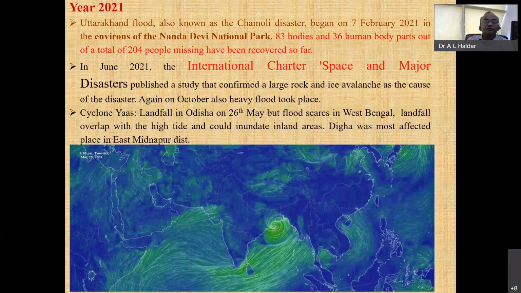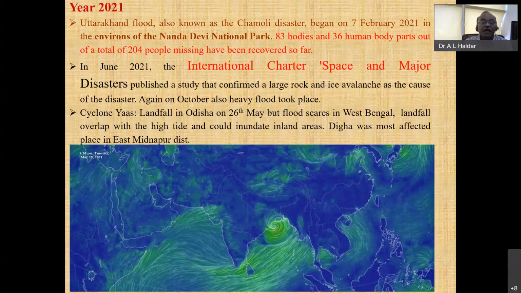During 2021, as several predecessors already highlighted, especially in Uttarakhand, 83 bodies and 36 human body parts were recovered, and a lot of people are missing.